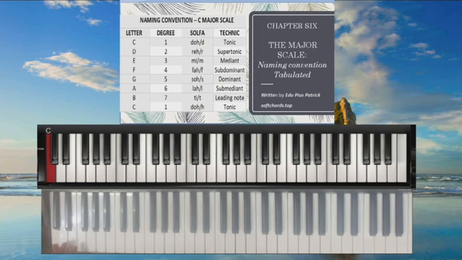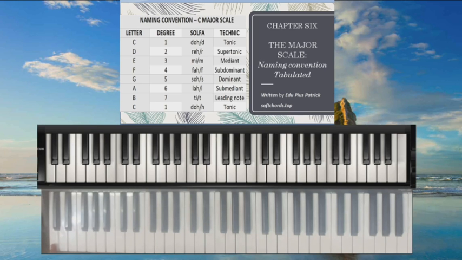So for the degree, let's start from the letters. Let's see when we are to use letters, and when we are to use degree, and when we are to use solfege, and when we are to use technical names, and when not to.